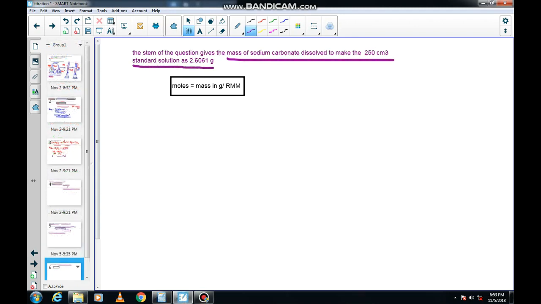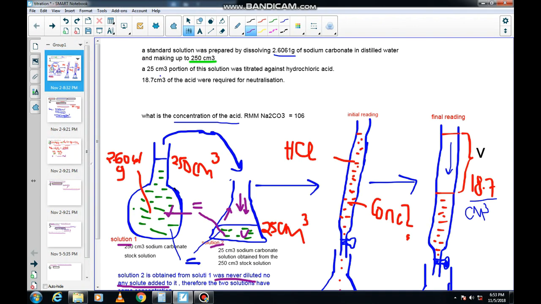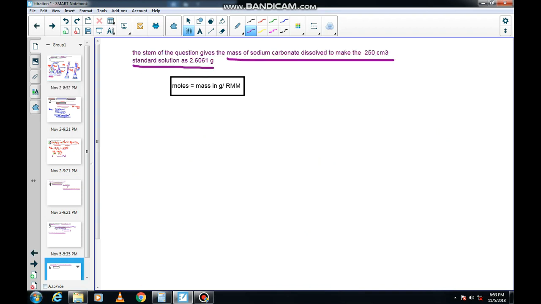The question says a standard solution was prepared by dissolving 2.6061 grams of sodium carbonate, and the solution was made up to 250 cubic centimeters. So we have the mass of sodium carbonate here that was dissolved. So we need to change this mass to moles.